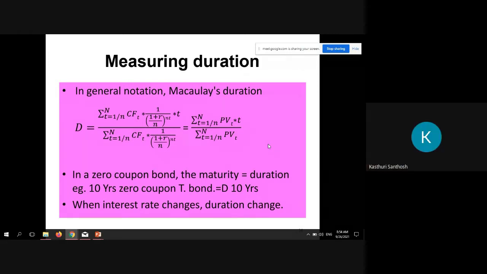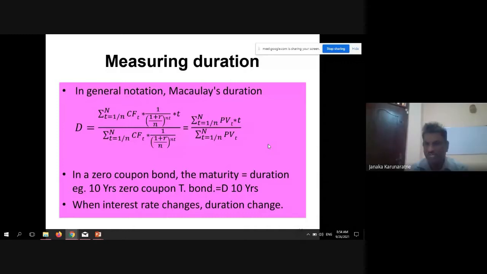Five cash flows, because it is annually over a 5-year period. So there are time intervals: first year, second year, third year, fourth year, fifth year. So if you take each cash flow of the loan and take the present value of each cash flow, multiply by the relevant time factor.